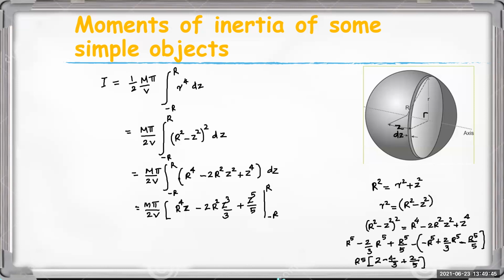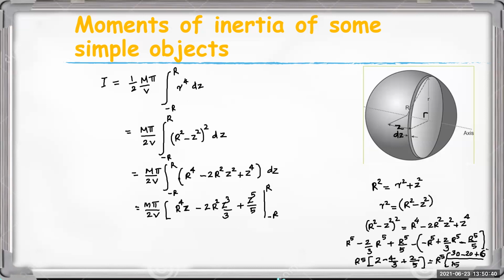Okay, then if we evaluate this fraction, it is equal to R raised to 5, taking LCM 15, and in the numerator, 30 minus 20, dividing 30 by 15 by 3, then this 5 into 4 is equal to 20, then plus 2 into 3, that is equal to 6.